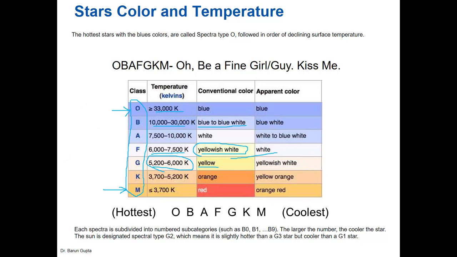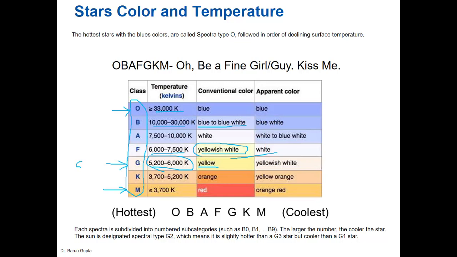The class type O is called a hotter star, and the class type M is called a cooler star. Our sun is a spectral type G star.